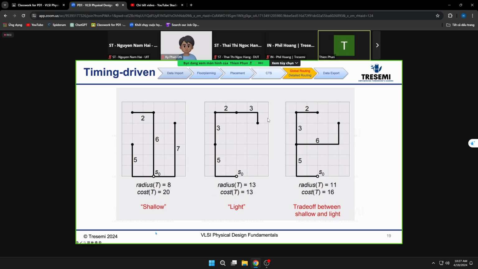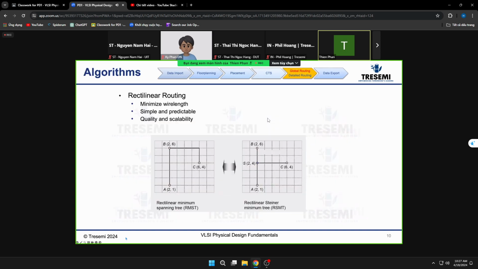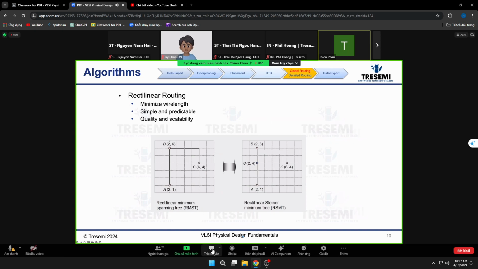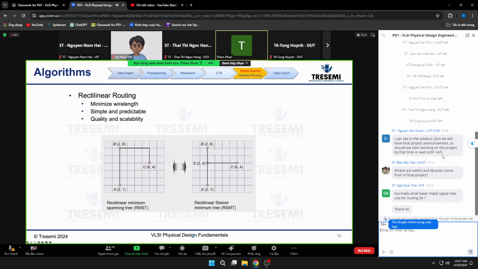Okay, so we talk about, actually, let me move my slide to here. We did talk about the importance of having the minimum Steiner tree, right? Essentially minimizing the wire length.